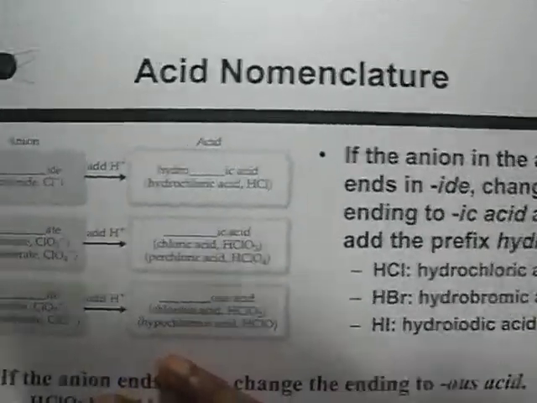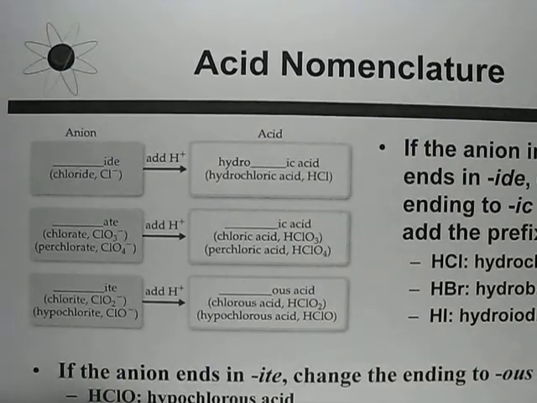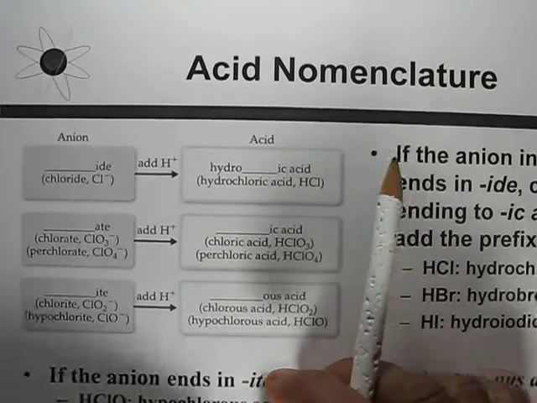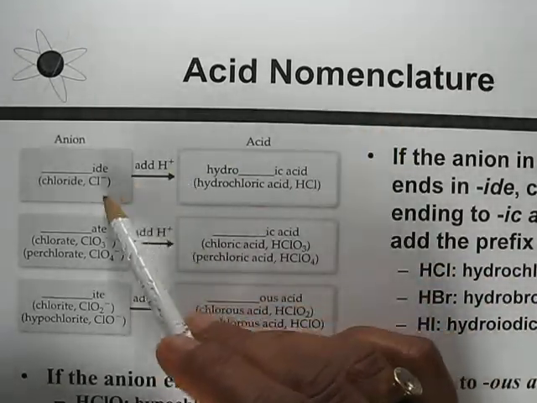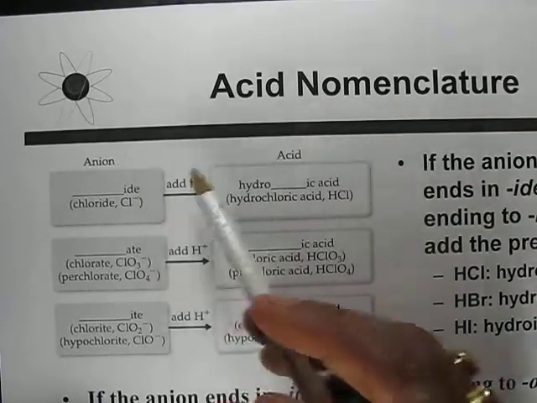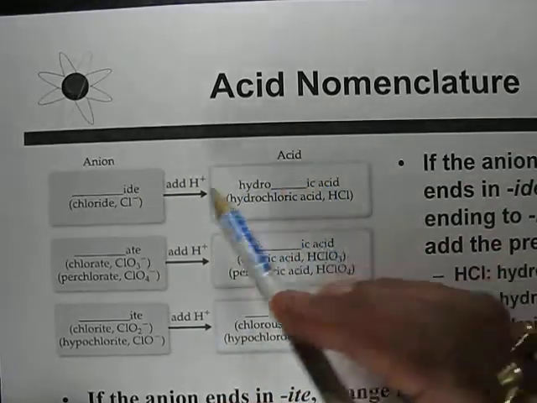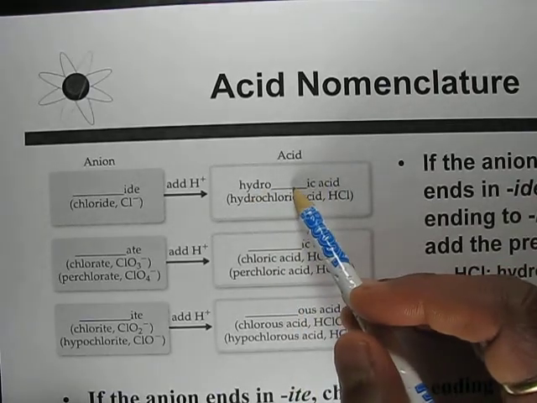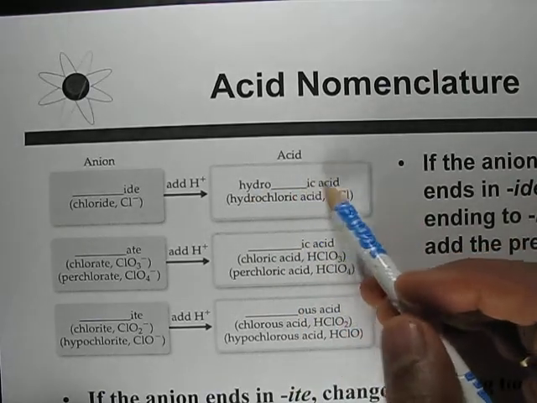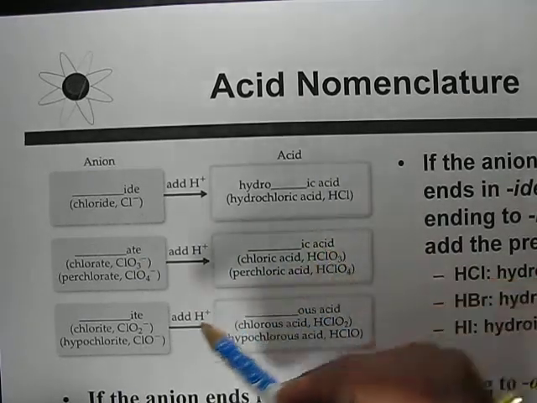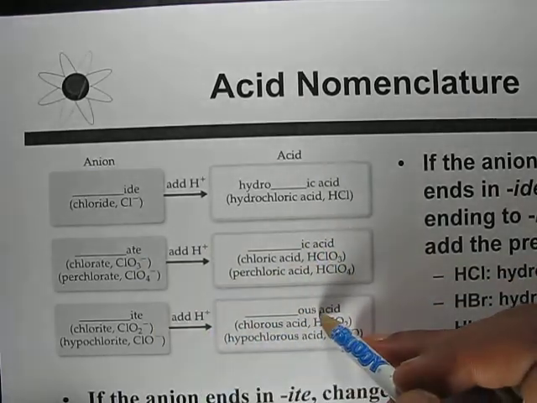In the book there is one more slide. You can also learn this naming of acid from anion in this format. If ide is there, then add hydrogen, it will form hydro, then the center word will remain the same, and then ic. So ate will change into ic, and ite will change into ous.